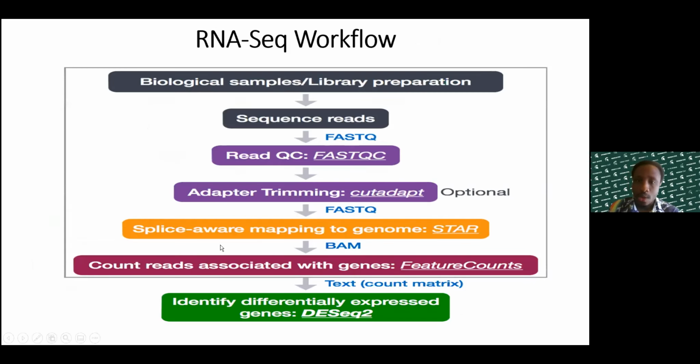So now we go through the RNA-seq workflow. The first part is the biological samples, where the samples are harvested, and then the RNAs are isolated, and then the mature mRNAs are selected by their poly-A tail to be used in sequencing, right?